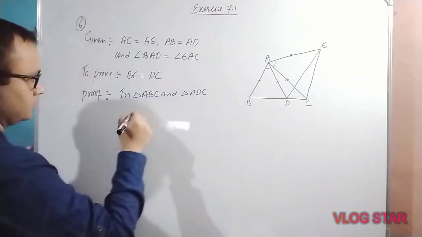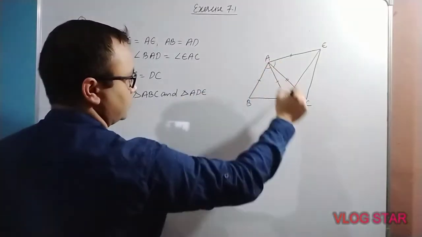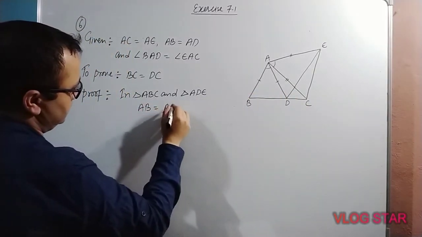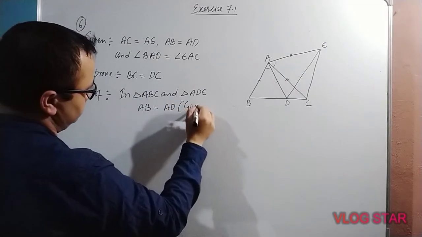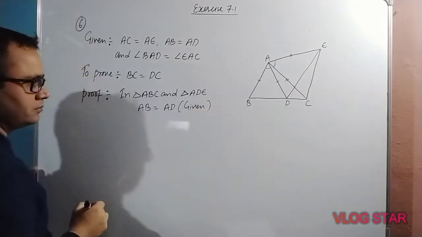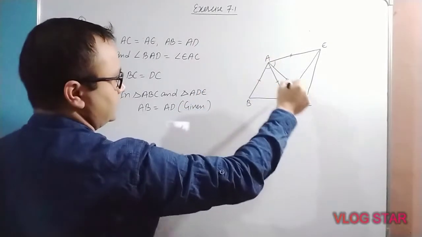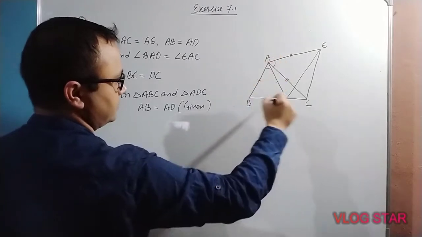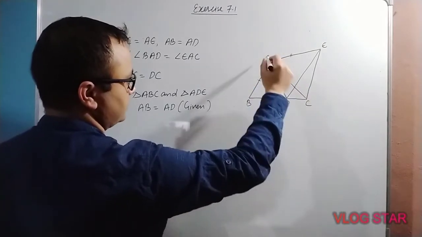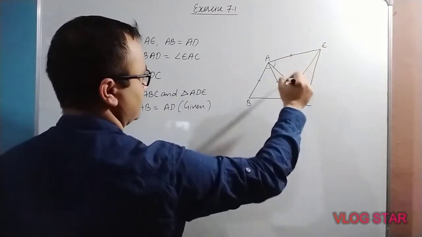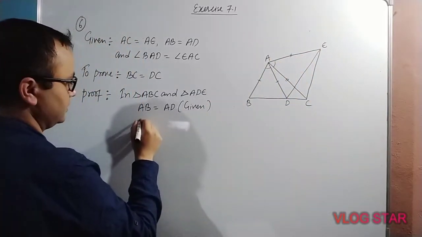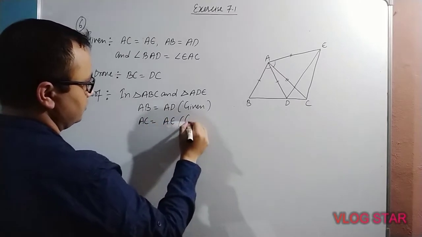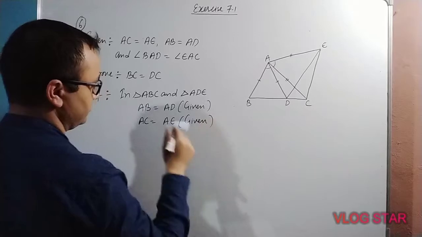AB equals AD, it is given. Then AC equals AE: for triangle ABC, AC, for triangle ADE, AE, both sides are equal. It is also given.